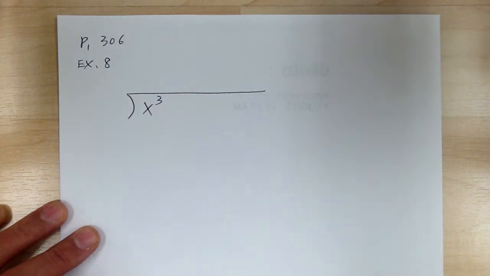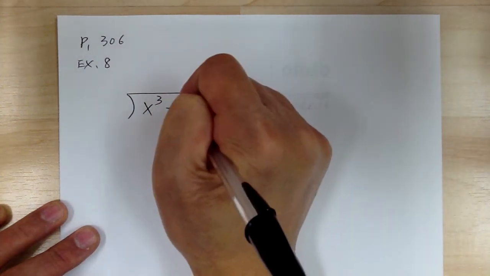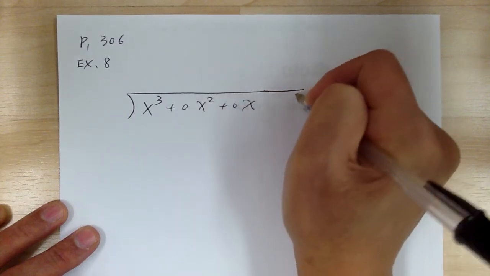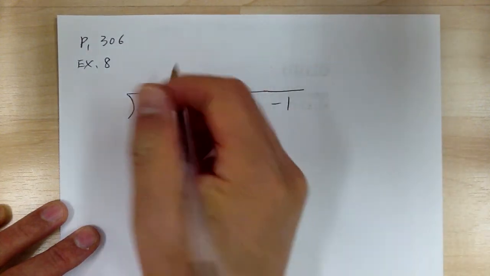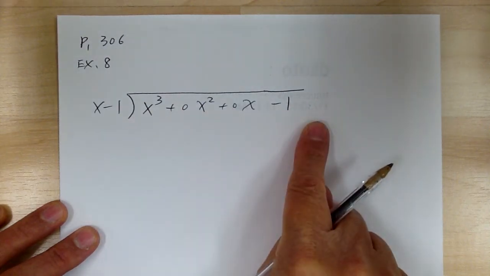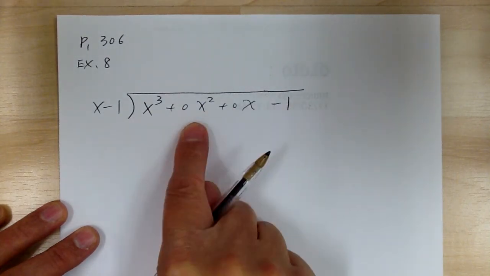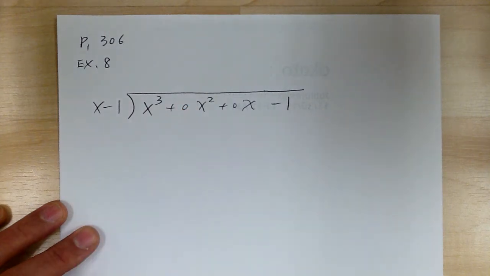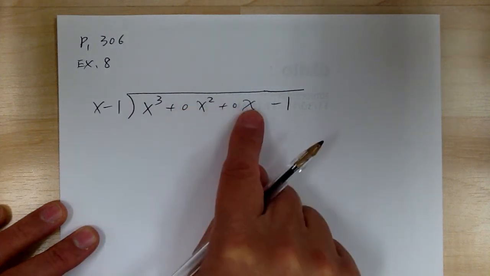Okay? You can either leave a blank, or you can write down plus 0x squared plus 0x and minus 1. And you divide by x minus 1. Again, you have to go down in order. If there's no term, you have to leave a space or write down 0 for it. So make sure you got these two spaces over here.